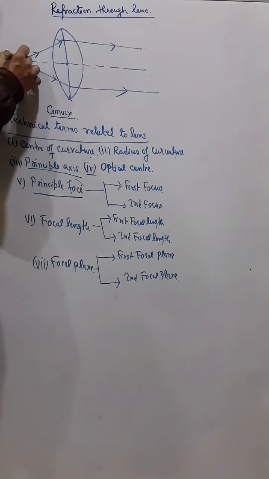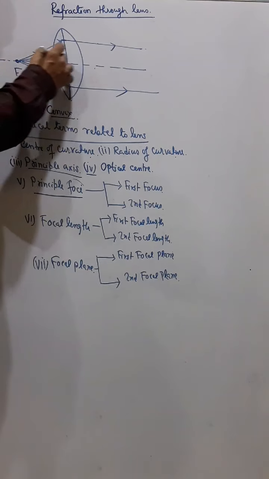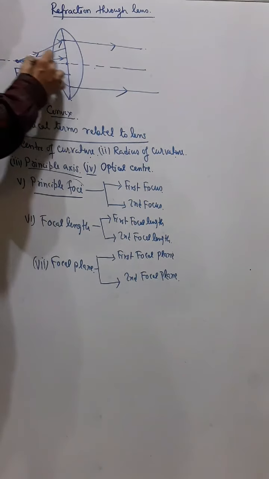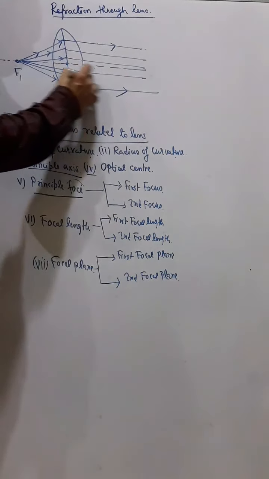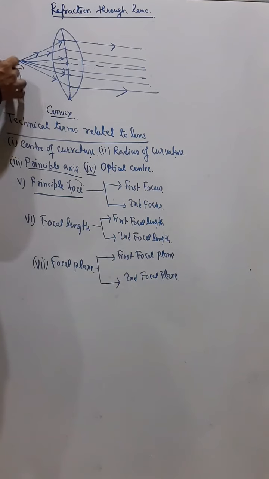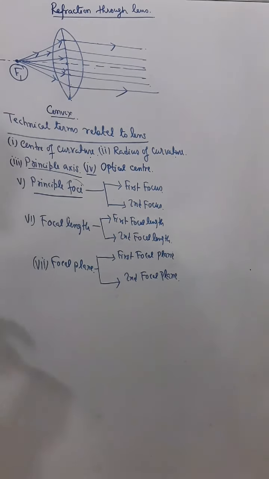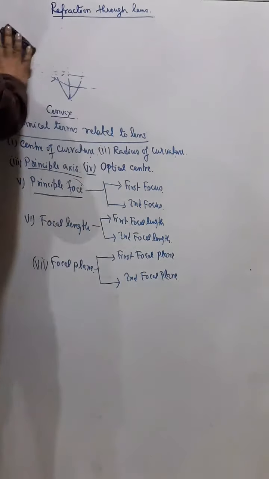Okay, so any ray of light passing from anywhere like this, they all will become parallel, if they start from this point. So that is called the first focus. Now second focus.